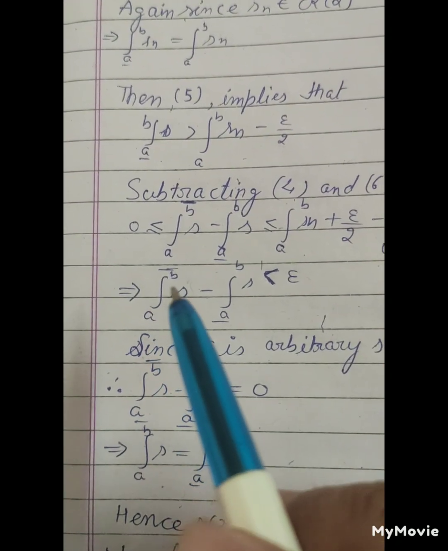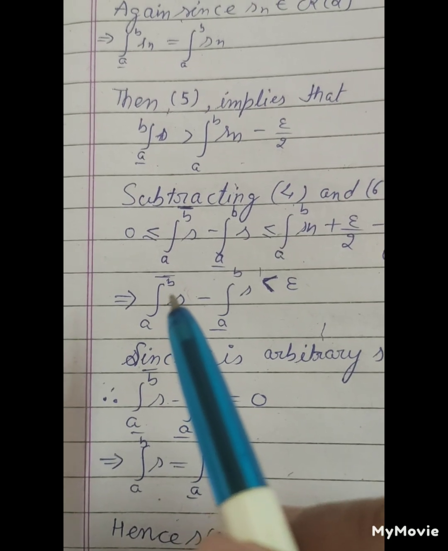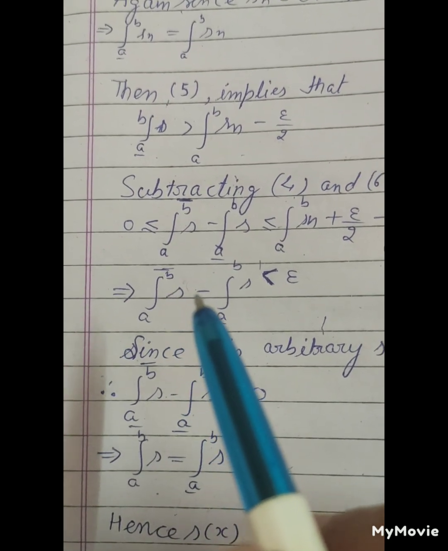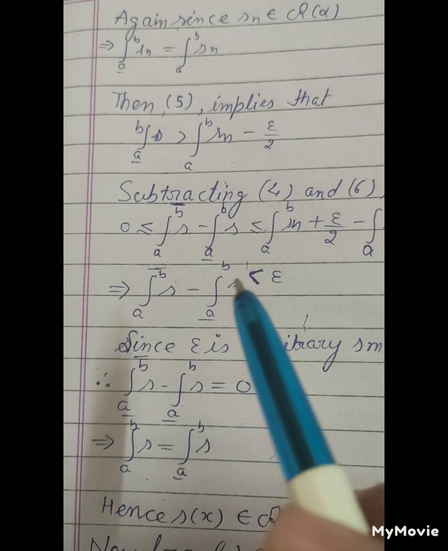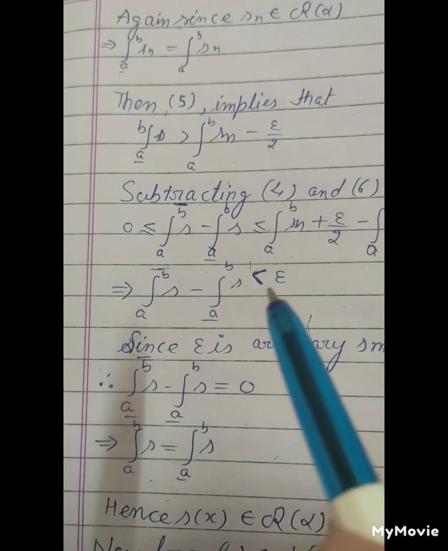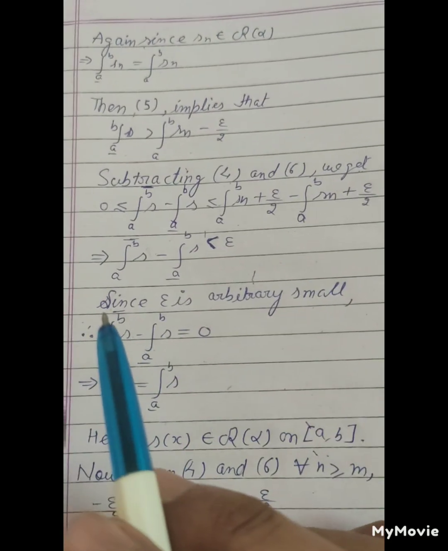So the upper Riemann integral of s minus the lower Riemann integral of s is less than epsilon.